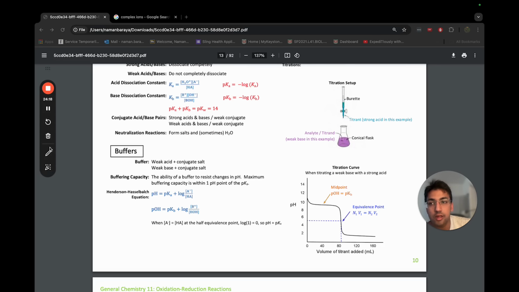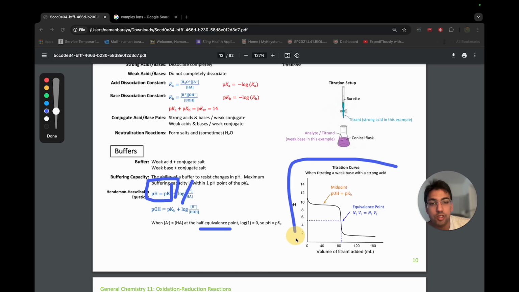Okay, and then the other thing to mention, this is kind of helpful, is that when the base over acid is equal, so it's at the half equivalence point, then this becomes 1, which means log of 1 is 0, which means that the pH is equal to the pKa. So if you're looking at a titration curve, and I'm skipping a little bit, but if you look at the point at which there's half equivalence point, you can actually figure out what is the pH of that solution.